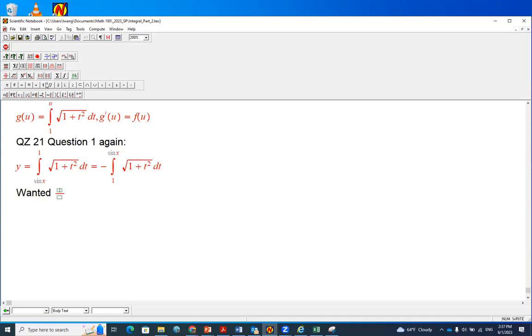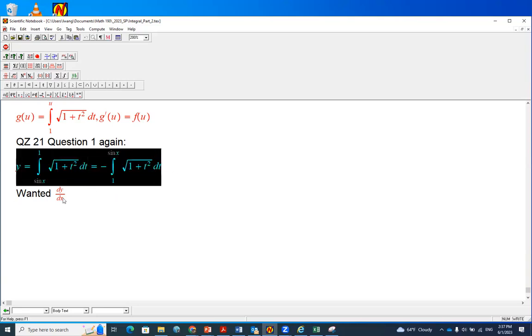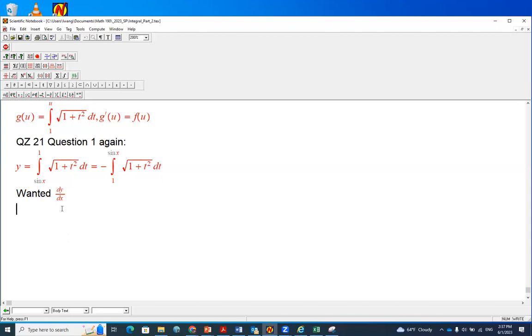What is wanted here is dy dx. We're going to take a derivative, so sometimes you need to do some preliminary work. dy dx is the derivative dx of that piece. How do you see that piece?